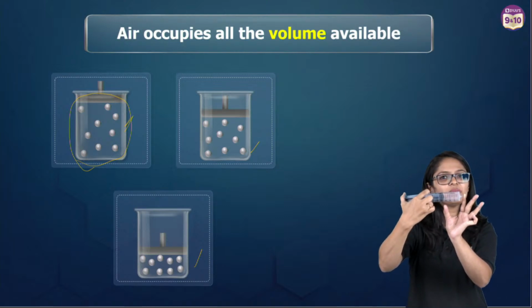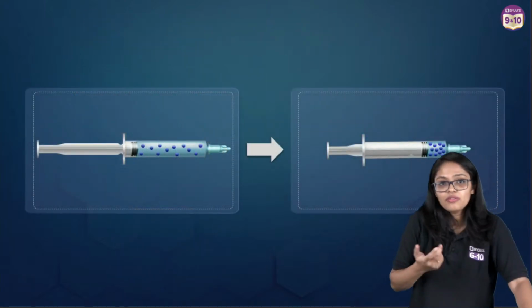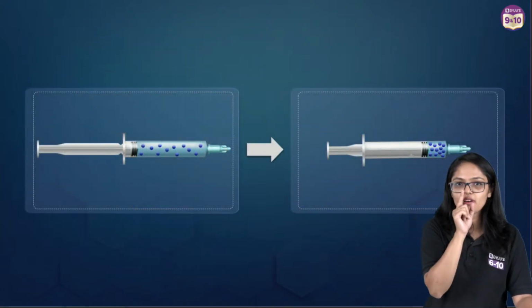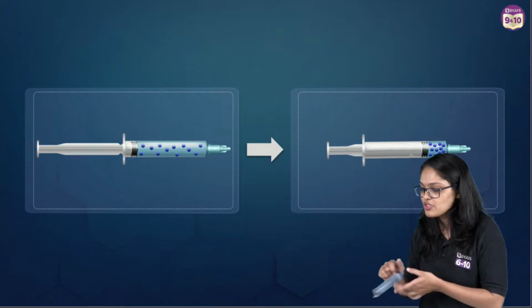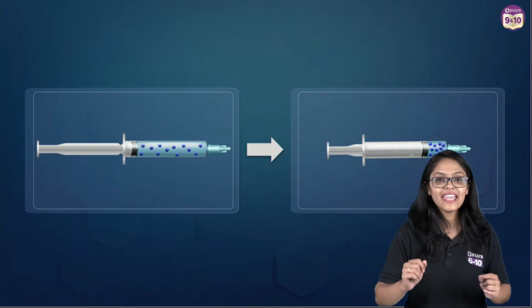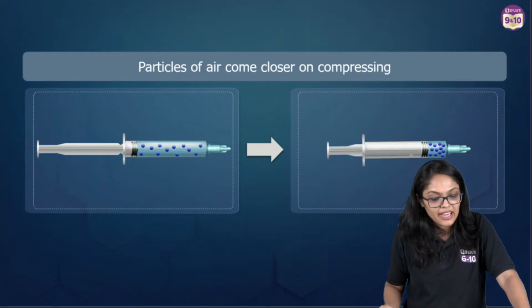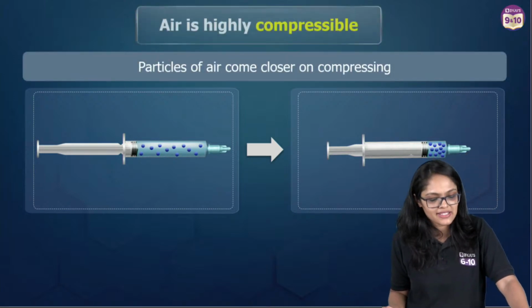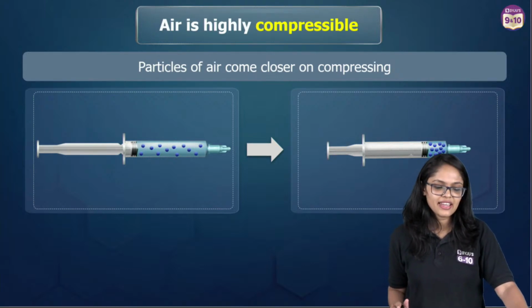It's compressible. So gases are compressible. You can even try without the needle, only the syringe. If you try to compress air, you can compress it. So particles of air come closer on compressing, and air is highly compressible.